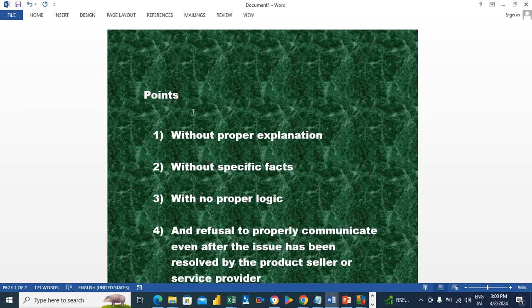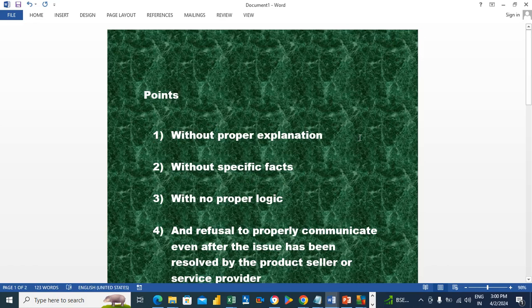Okay, so coming back to the topic. So these are my thoughts. Number one indicator is without proper explanation. So you see the review being pretty vague.